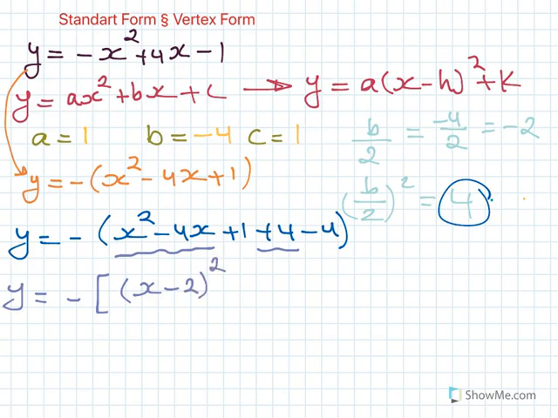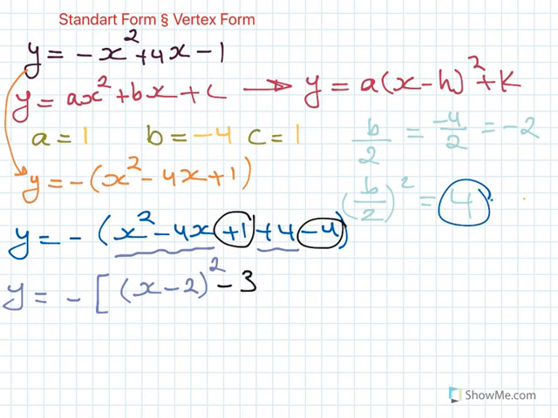Okay, so that's the three terms. x squared minus 4x plus 4 is x minus 2 squared, and you can try doing this on your own. And at the end, you're going to add the remaining terms, which are 1 minus 4, and that gives you -3. It's going to be -3.